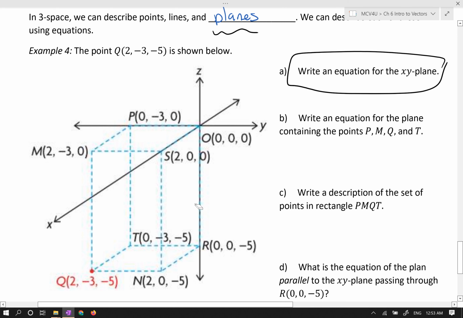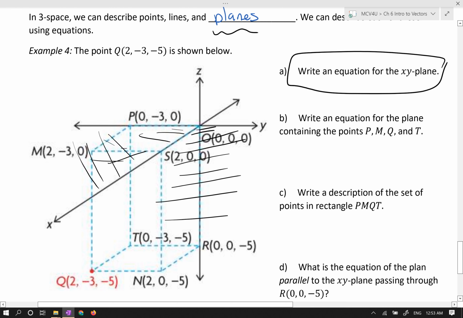If we're coming up with the XY plane, then we're coming up with all of the points that are shared along this flat surface. We're working along the XY plane.